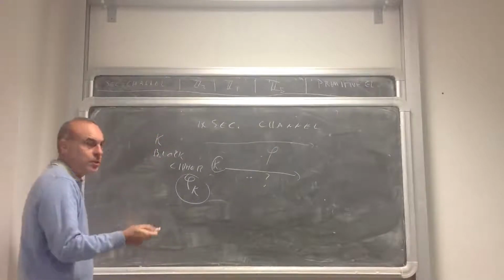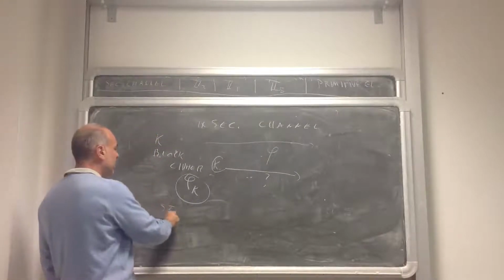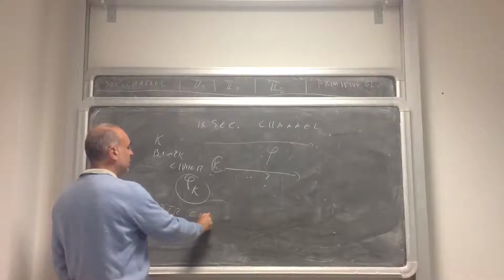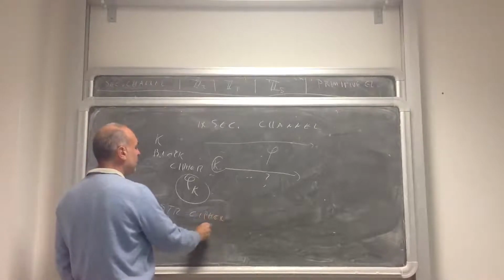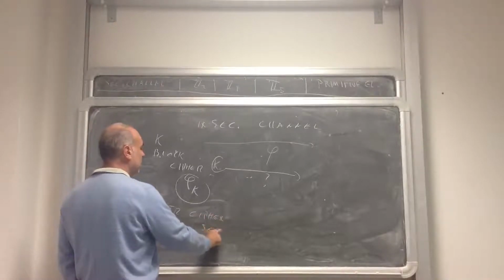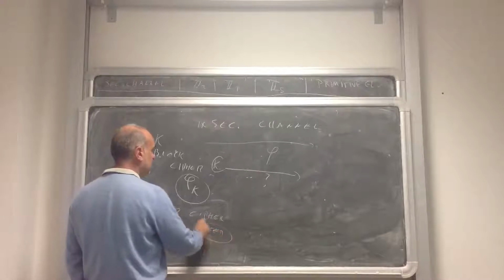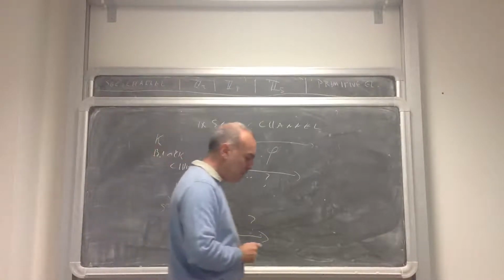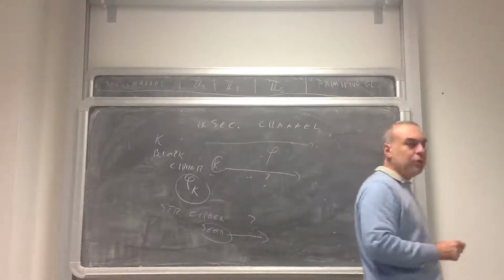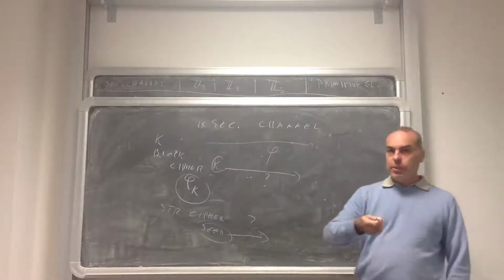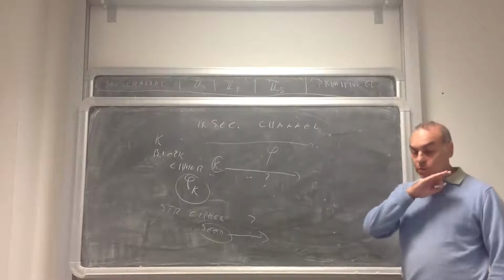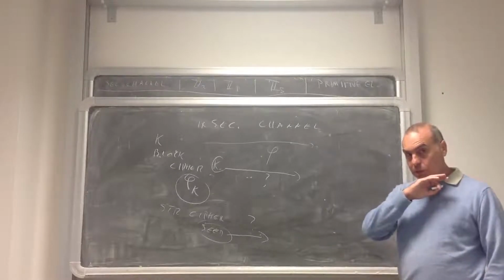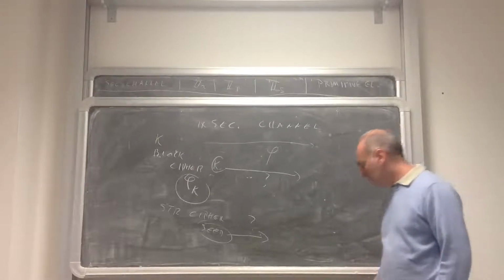Or if you have a stream cipher, it's the same. For a stream cipher, you have the seed. And how can we transmit this? Okay. If we have a secure channel, we use it. But if we don't have it, we must create a secure channel using mathematics.